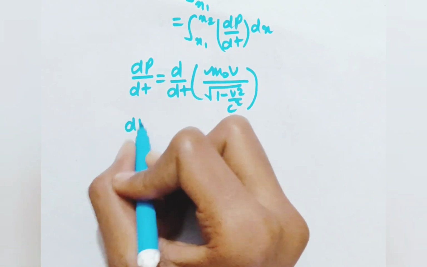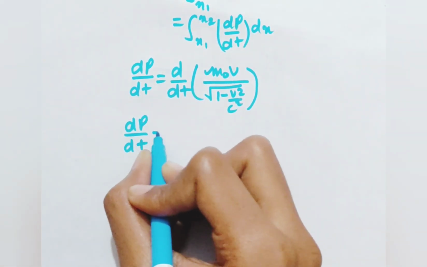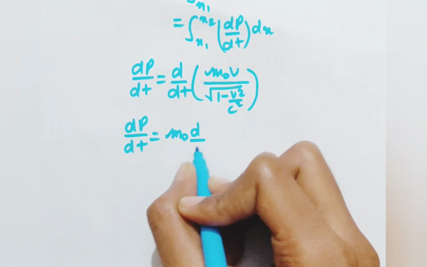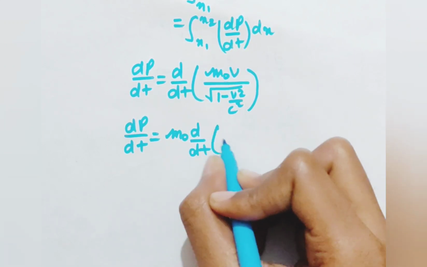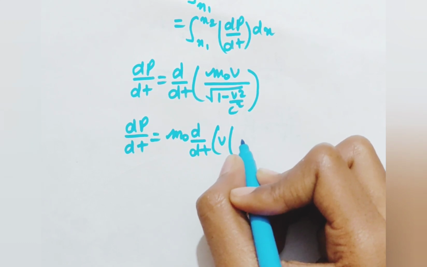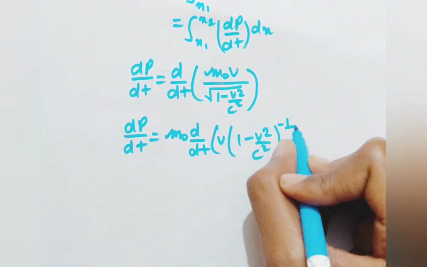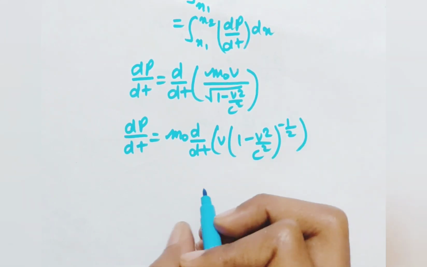Now we can rewrite it as m naught multiplied by d over dt of v times 1 minus v squared over c squared to the power of negative 1/2.